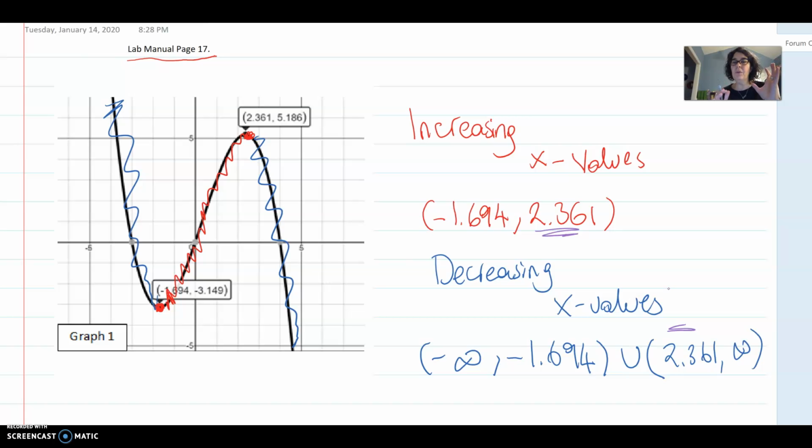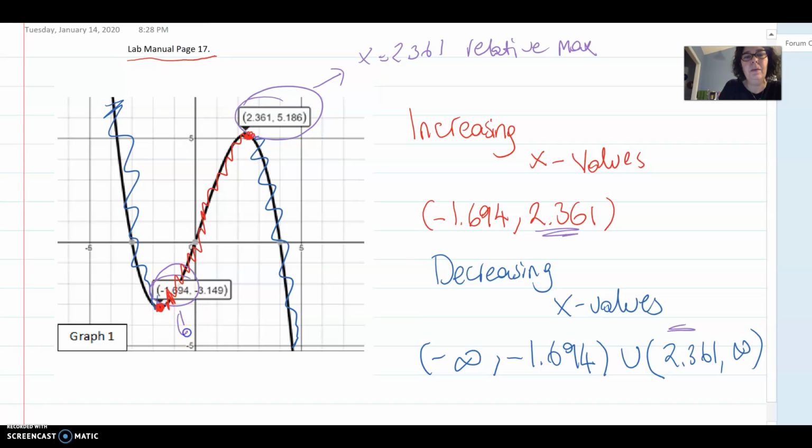It's something to do with the fact that at this point, when x is equal to 2.361, there is actually a relative maximum for the function. Here, this point, when x is equal to negative 1.694, is a relative minimum. So the function is neither increasing nor decreasing at those x values.